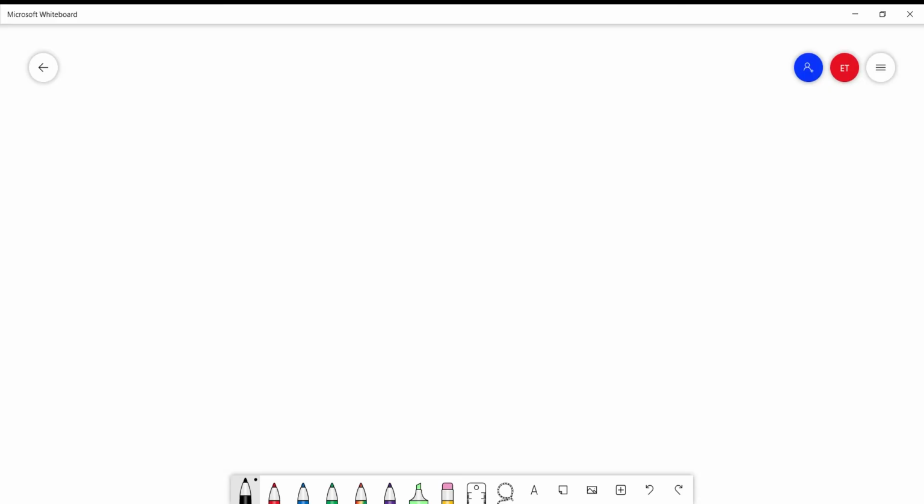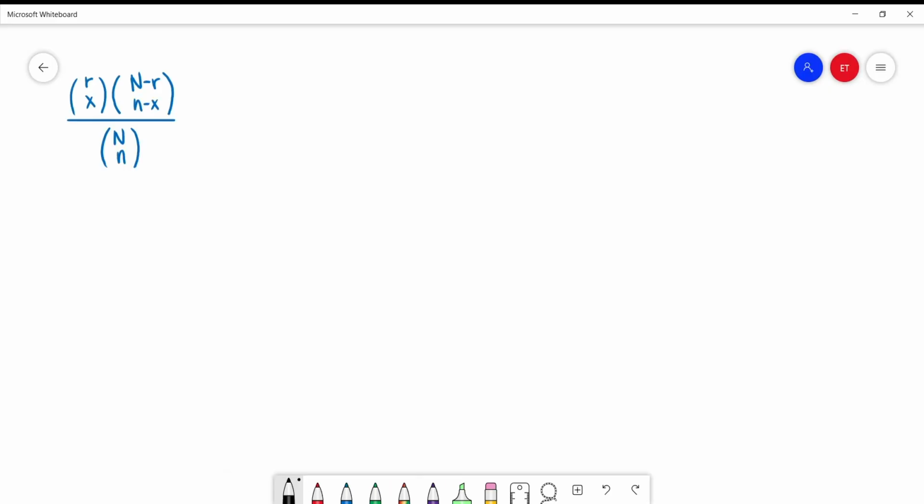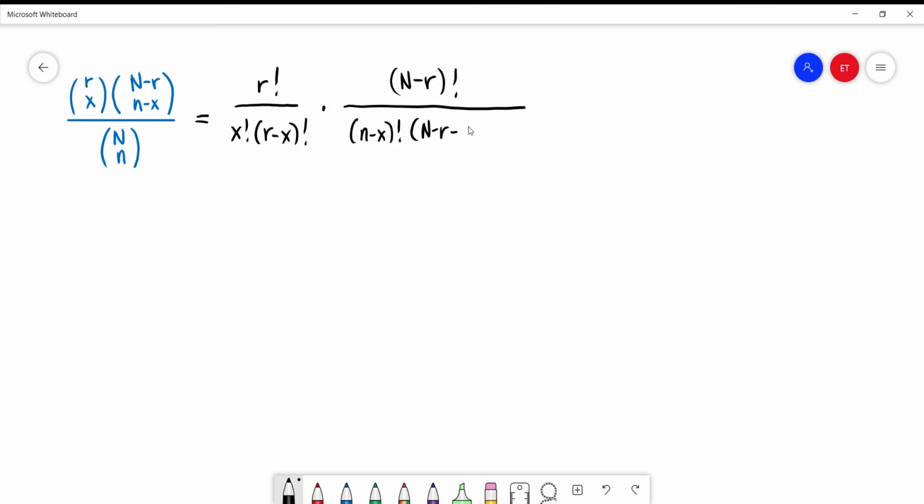Now, where to begin? First, we write the probability mass function, or the PMF, of the hypergeometric distribution in terms of factorials. In this proof, we will be using x as a random variable because the reporters are more comfortable using this variable.